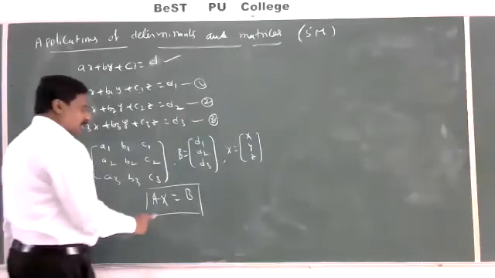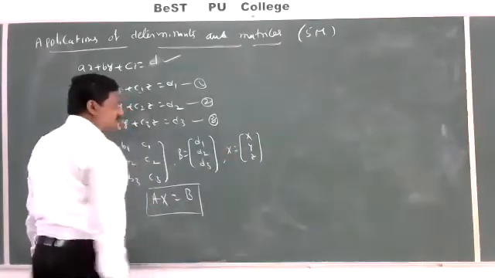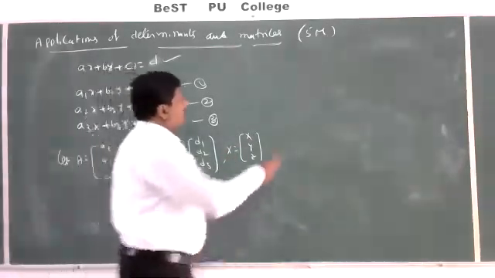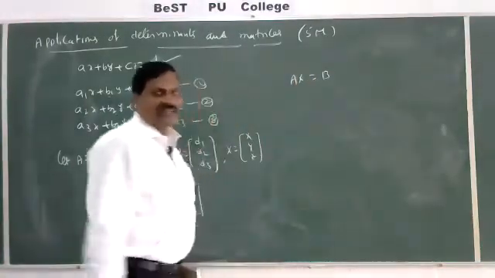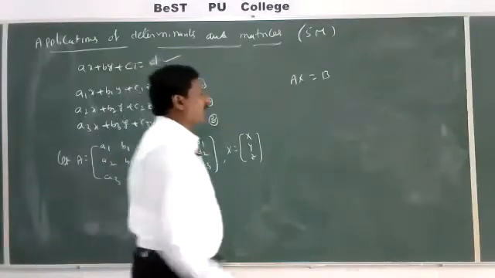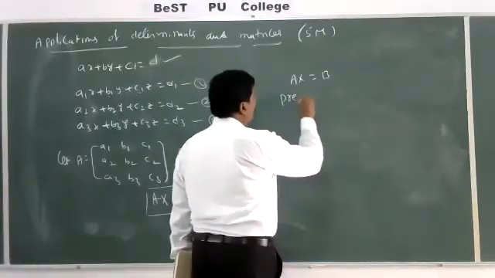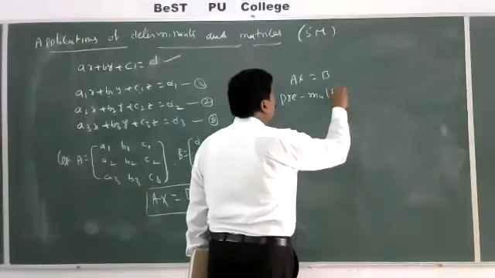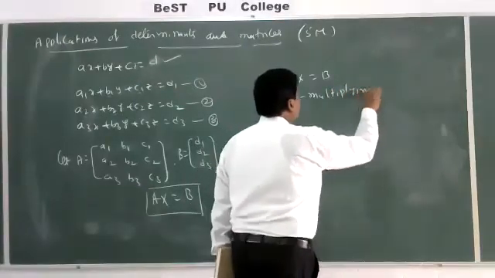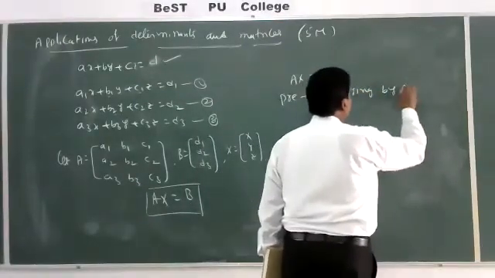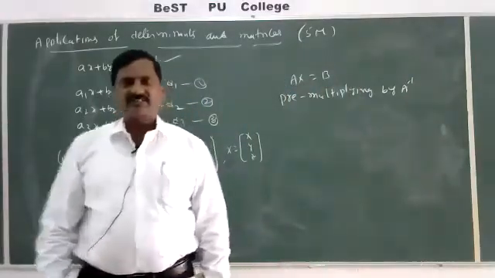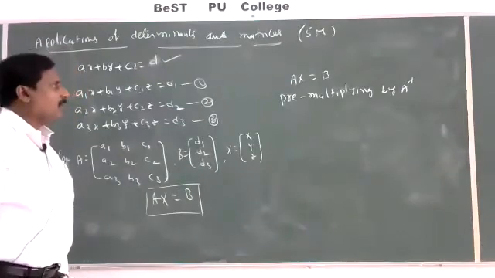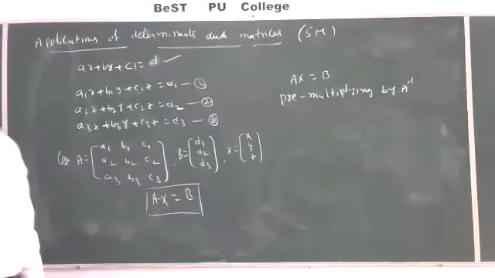From this we have to find out the X value. X value is nothing but x, y, z. Ax equal to B, pre-multiplying with A inverse. Generally, general multiplication satisfies the commutative law, but matrix multiplication does not.